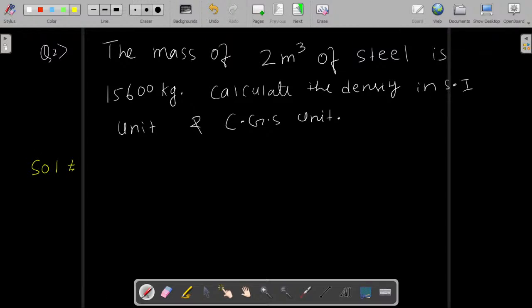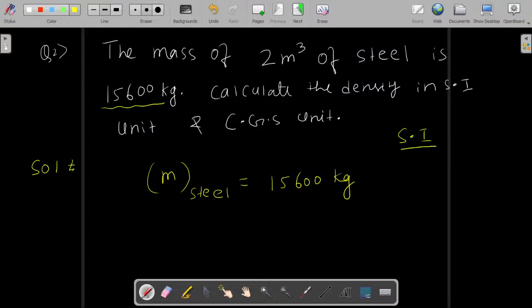So here, write down, mass of steel is, how much is it given? Mass of steel is 15600 kg. First we are solving in SI. Write down here, SI system we are solving the question.